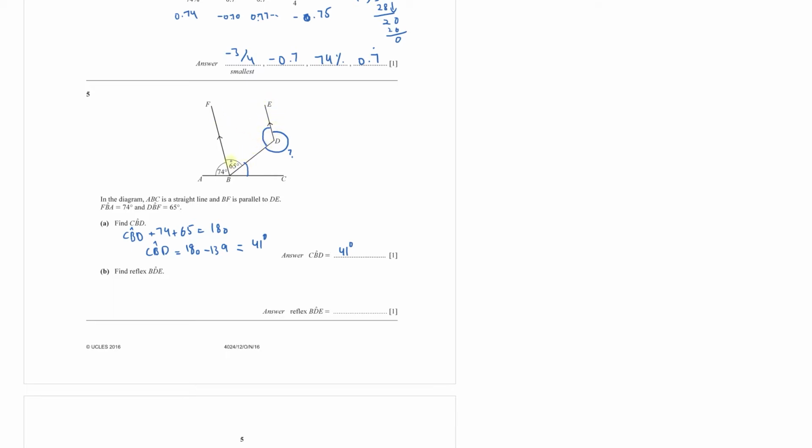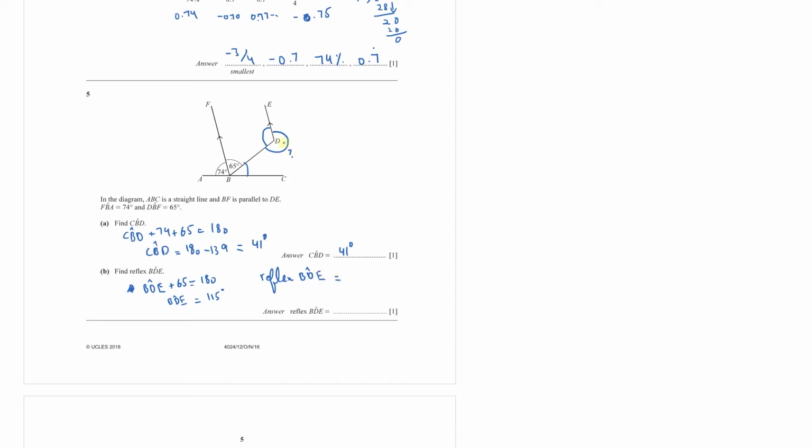We know these two are parallel lines, and the sum of the internal angles of parallel lines is 180. So your angle, let me call it BDE, plus 65 is equal to 180. And this gives you BDE to be equal to 115 degrees.